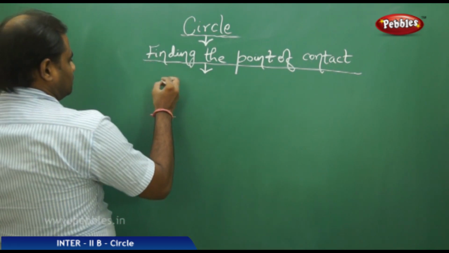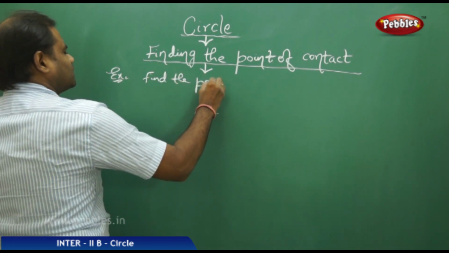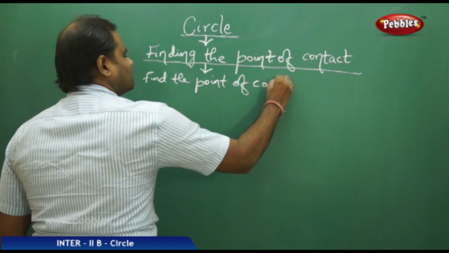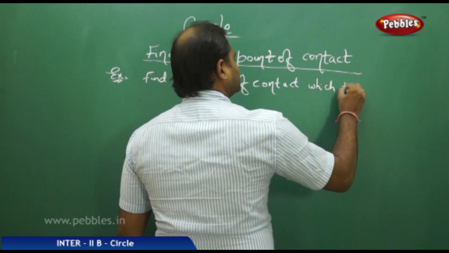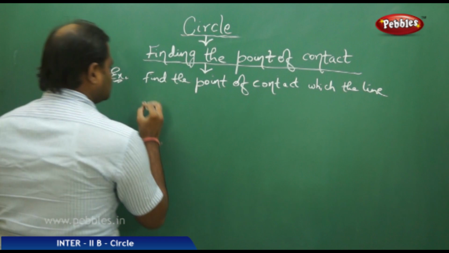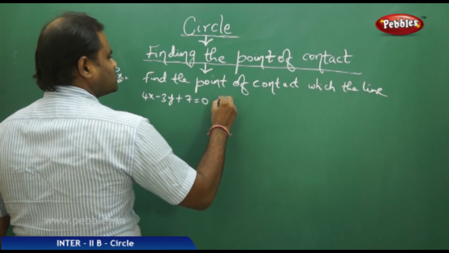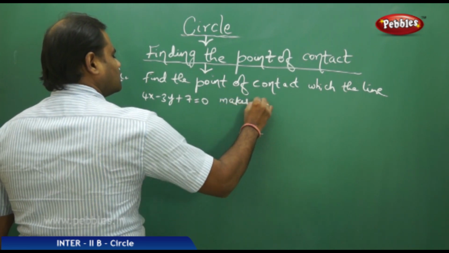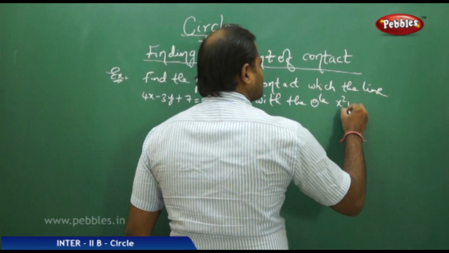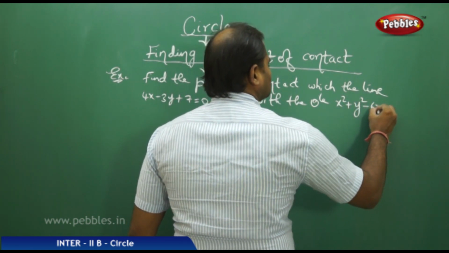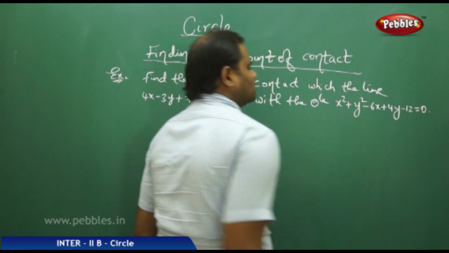For example, I have a problem which says: find the point of contact which the line 4x minus 3y plus 7 equal to 0 makes with the circle x square plus y square minus 6x plus 4y minus 12 equal to 0.